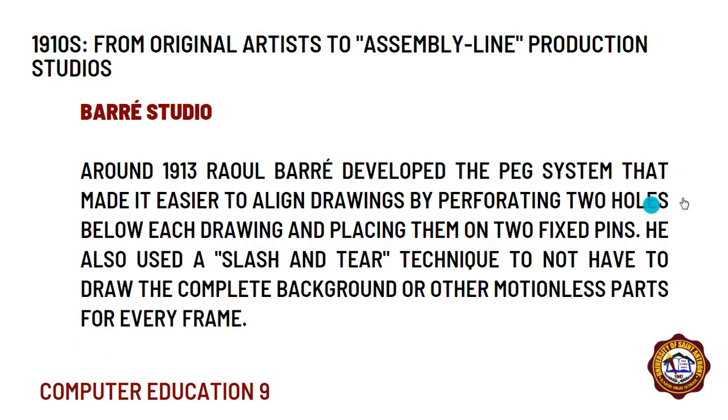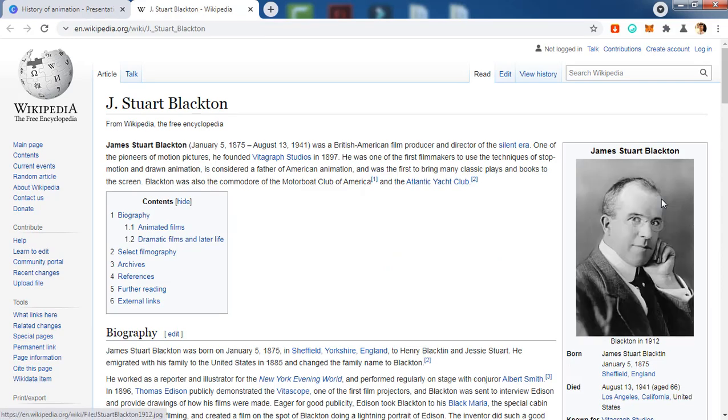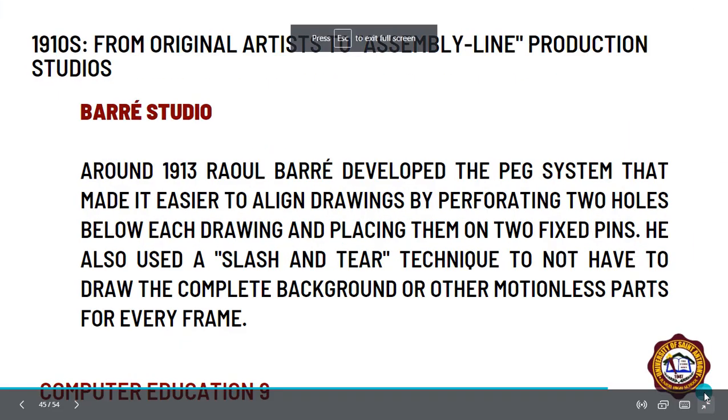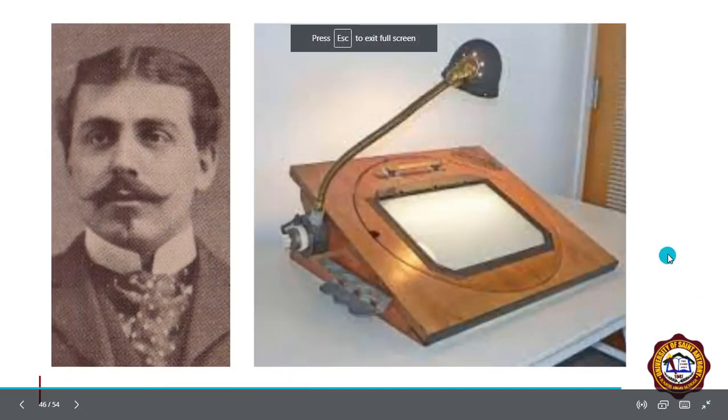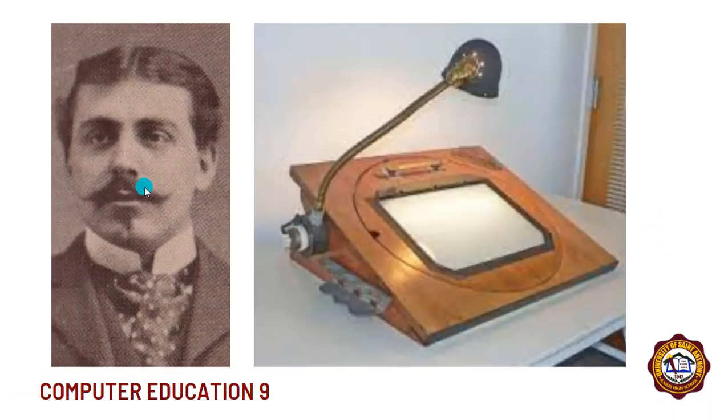So, in the peg system, there are two holes below each drawing. Dalawang butas doon sa baba ng drawing and placing them on two fixed pins. So, ganon. Okay. So, ganito yan. And this one, si Raoul Barre. So, yan yung kanyang picture.